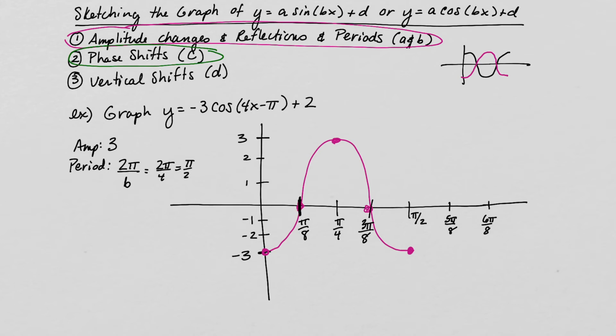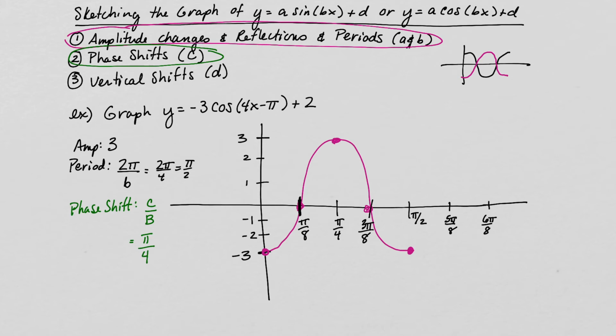Remember that the phase shift is C over B. The form is bx minus c, so in our case C is pi and B is 4.